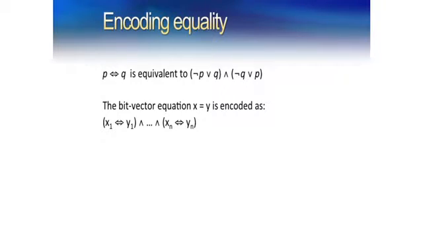So the idea is we're going to encode arithmetic operations using hardware circuits, and we're going to create programs to encode these expressions using SAT solvers. So we're going to encode equality between two bits using this formula, right?